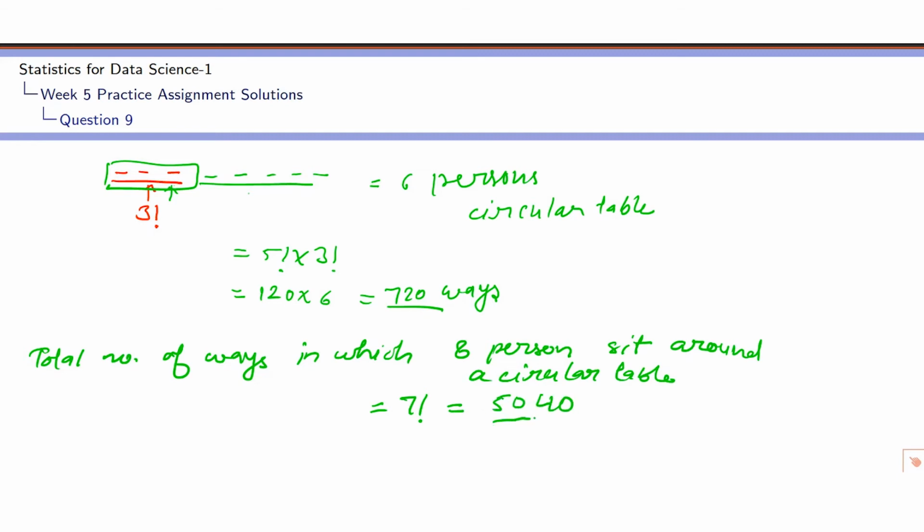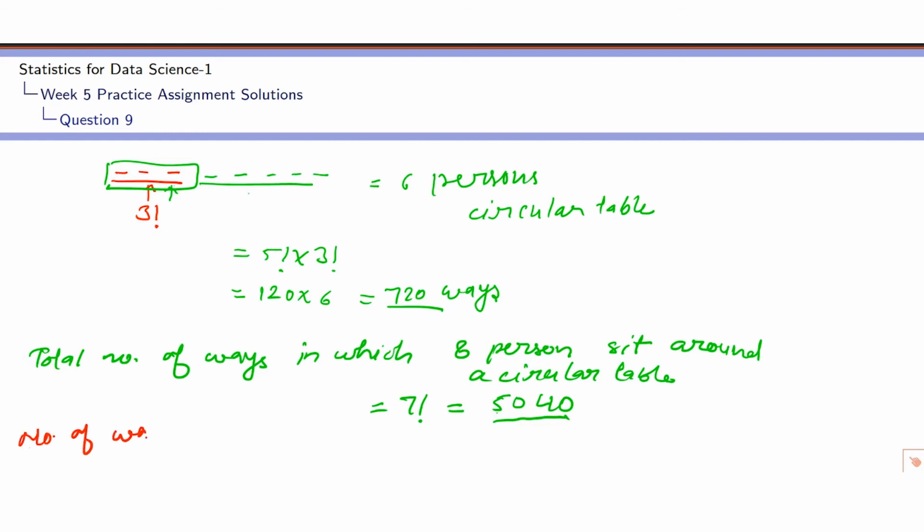So this is the number of ways in which 8 persons can sit around a circular table, and this is the number of ways where 3 persons decide to sit together. So the number of ways in which all 3 members are never sitting together will be the difference of these two.